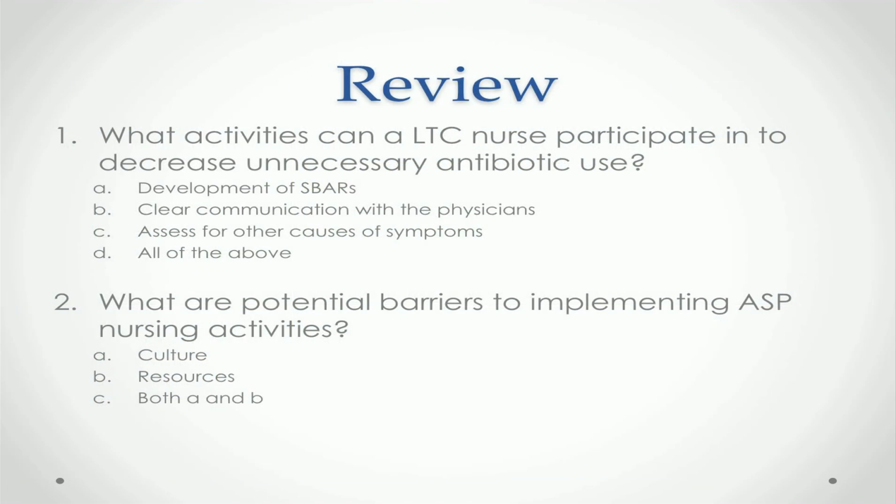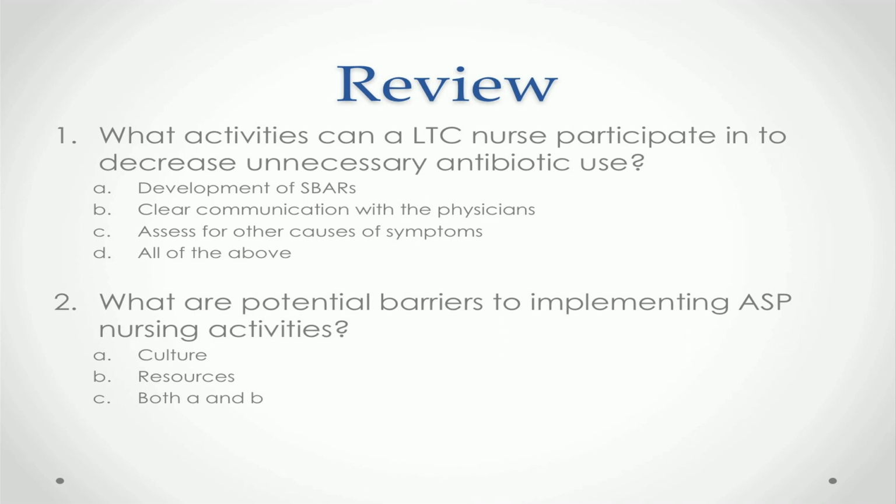So just some questions about the role of the long-term care nurse: what activities can a nurse participate in to decrease the unnecessary antibiotic use? So the options are help develop an SBAR, use the SBAR, clear communication with the physicians, assess all other causes of symptoms, or all of the above. You can just say it out loud. All of the above.